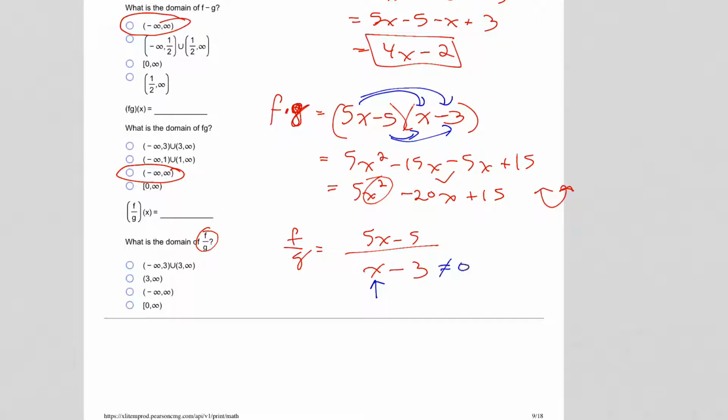Basically this can't equal 0, and the x that's going to make that a 0 is going to be a 3. Okay, so this thing exists everywhere except for the 3, and that would be notated like this. The left side is negative infinity to 3, and the right side is from 3 to infinity, and those are both open circles, or open intervals.